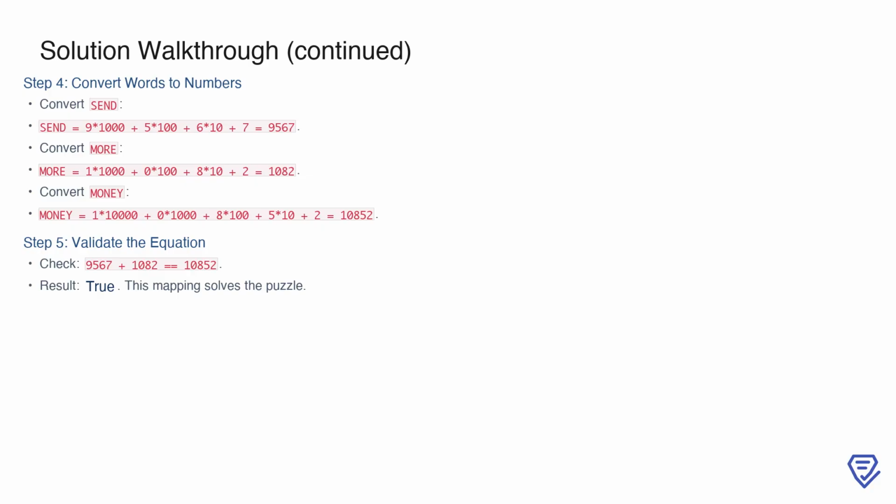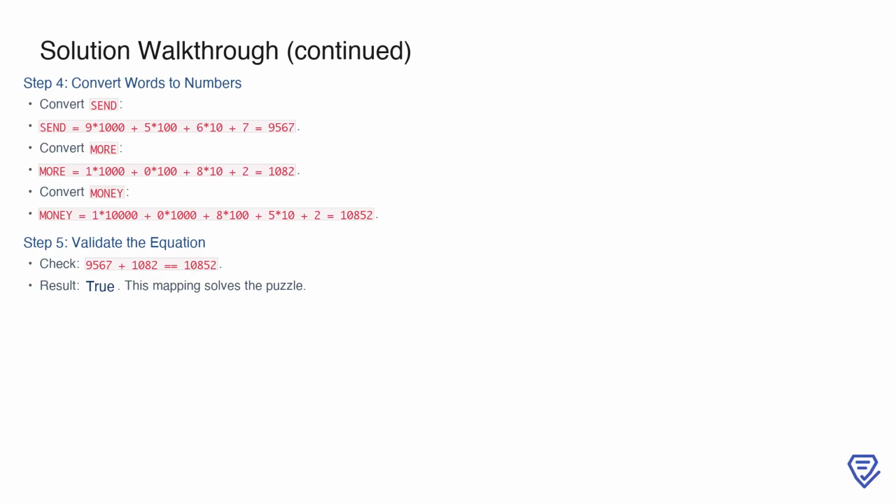Finally, MONEY becomes 10,852, calculated as 1 times 10,000, plus 0 times 1000, plus 8 times 100, plus 5 times 10, plus 2. To validate this mapping, we check whether the equation 9567 plus 1082 equals 10,852 holds true.